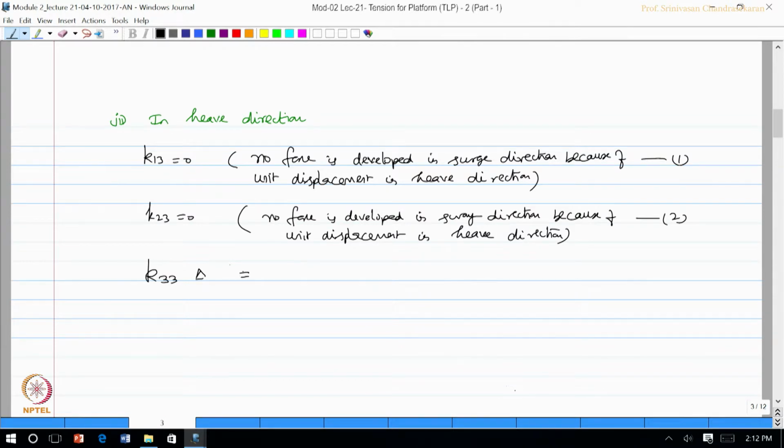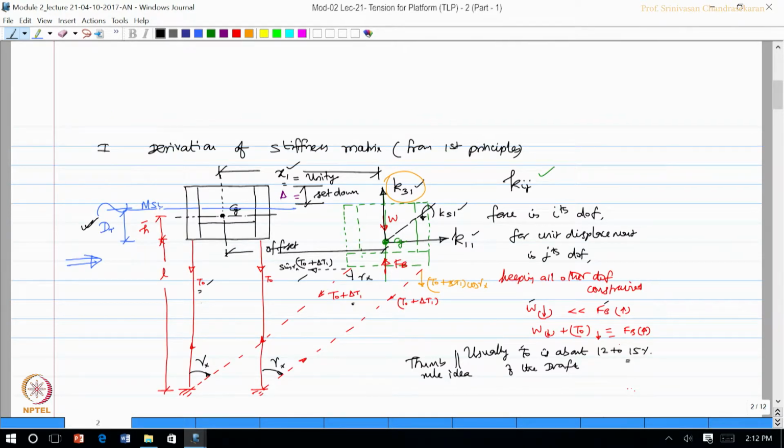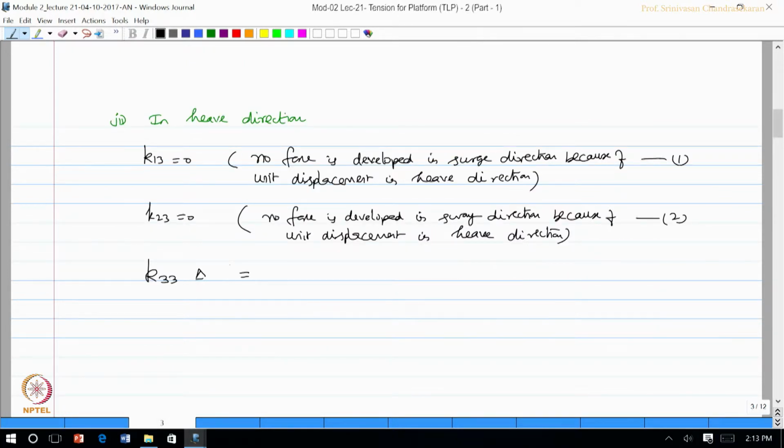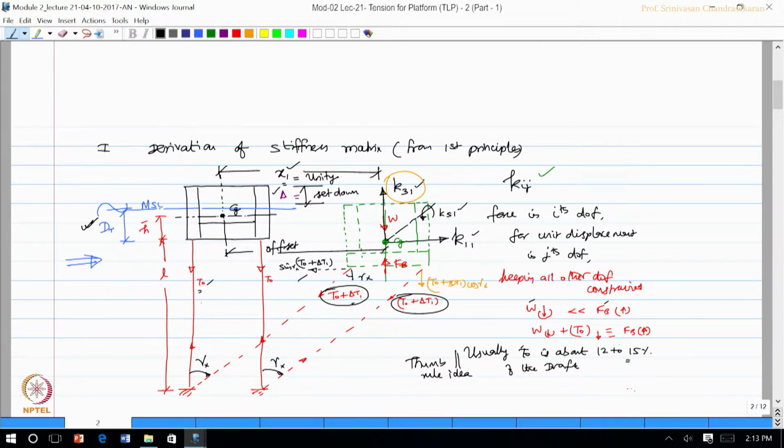So, K33 delta, if you look at the figure. When you give heave displacement, there is a set down happening, and that will cause a change in tether tension. So, K33 delta will be AE by L of 4 tethers plus these column members, which will undergo a variable submergence effect.